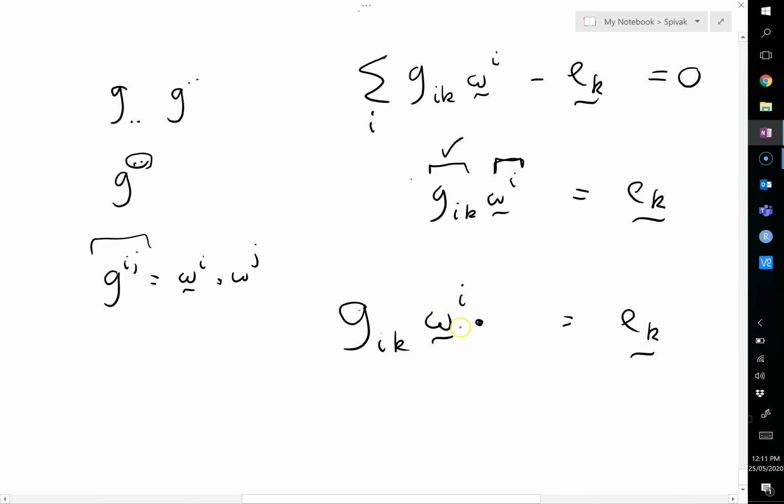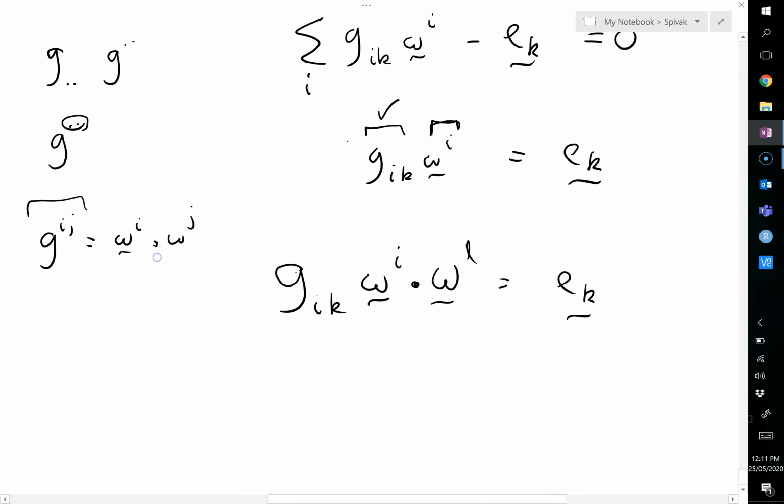I'm struggling here because I'm going to write that k in, and I guess we need another l there. Oh no, hang on a minute, I'm doing it completely wrong. I need to take a dot product with l, let's just say. There we go. So I need to take a dot product on this other side here, which is omega^l. I want you to see how difficult that process was there.